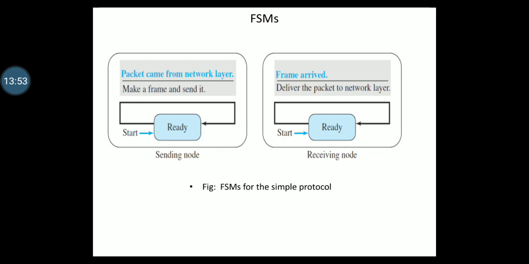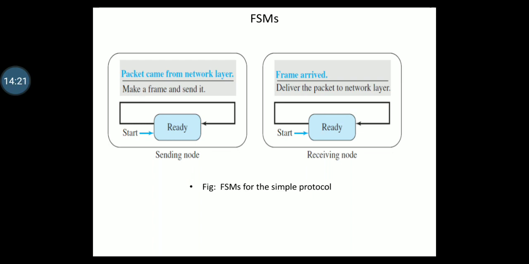The sending machine remains in the ready state until a request comes from the process in the network layer. When this event occurs, the sending machine encapsulates the message in a frame and sends it to the receiving machine. The receiving machine remains in the ready state until a frame arrives from the sending machine.